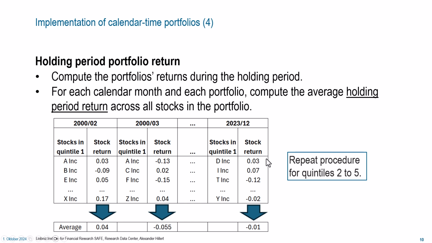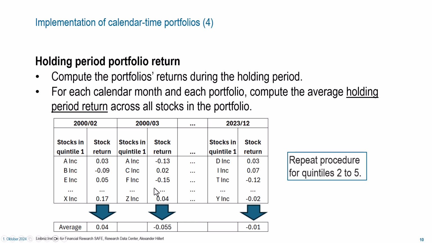Like in my example, A Inc. here was part of the portfolio in January and is also part of the portfolio in February, or in terms of holding periods, was part of the holding period in February and is also part of the holding period in March. B Inc. however dropped out, while C Inc. joined the portfolio, and also E Inc. is replaced by F Inc.